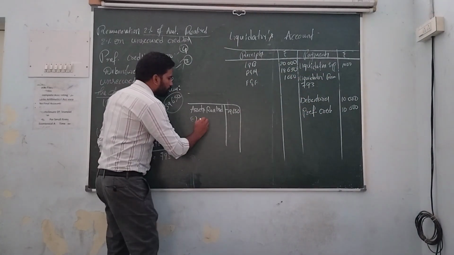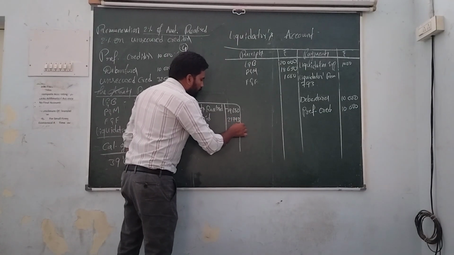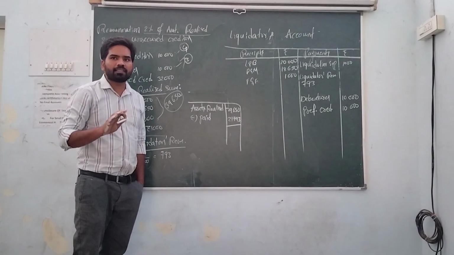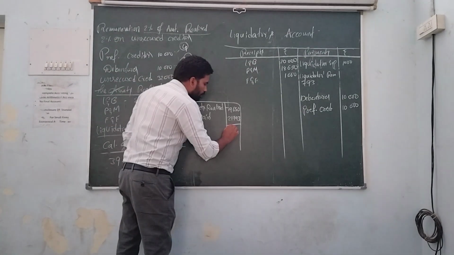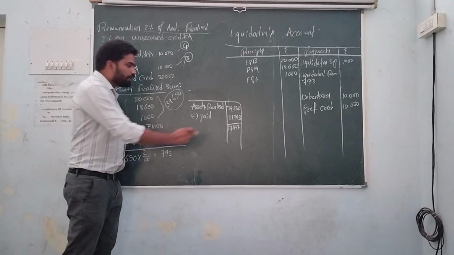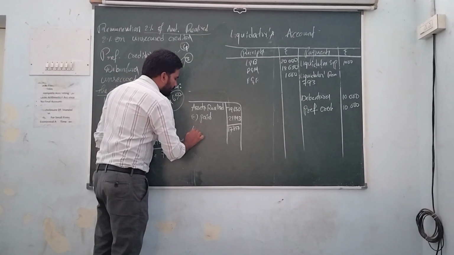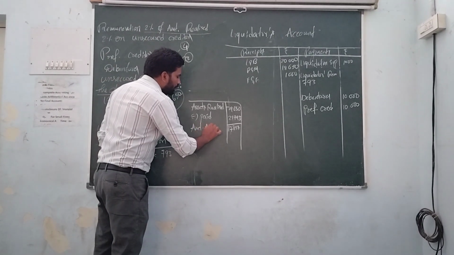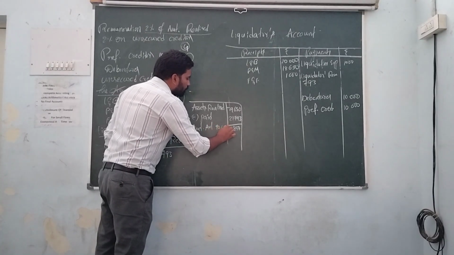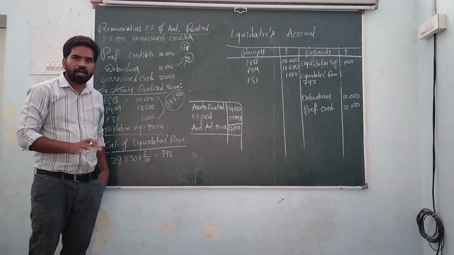What's the total? 21,793. Okay. So after payment, how much balance is available to us? 17,857. The 17,857 amount is available. This amount is transferred to unsecured creditors.